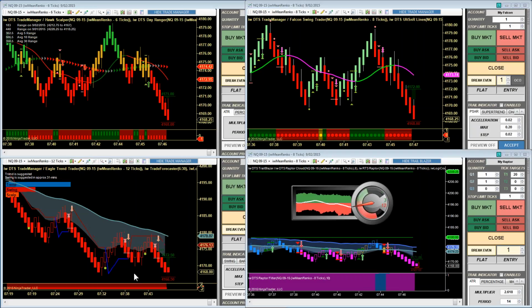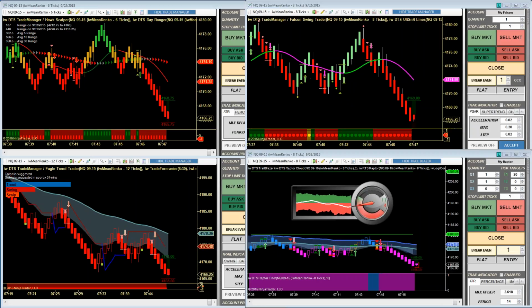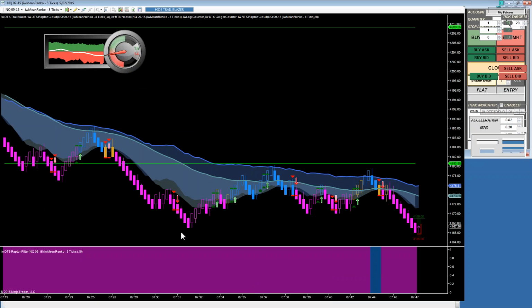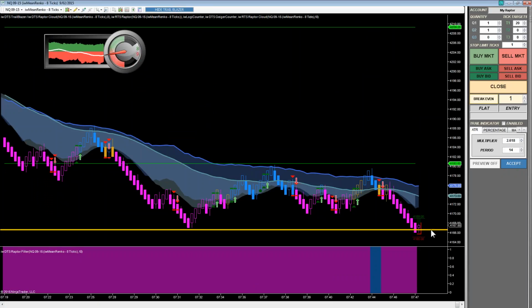Well, here we go. We're going to test the bottom end of the trading range. Now, when we get these breakouts out of these ranges, what we want to be on the lookout for is the test and the retest, right?